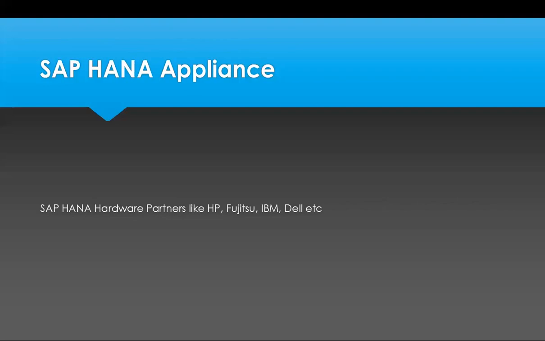These are the hardware partners who are the certified vendors that offer hardware on which SAP HANA software can be installed. So, SAP is selling licenses and related services for the SAP HANA product, which includes the HANA database, HANA Studio, and other software to load the data in the database.